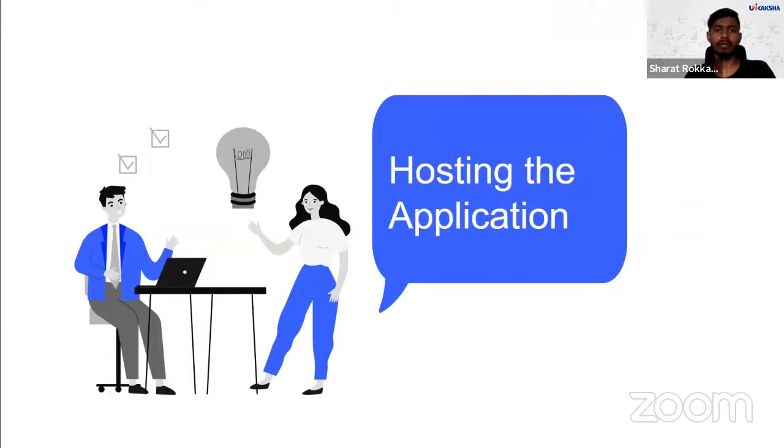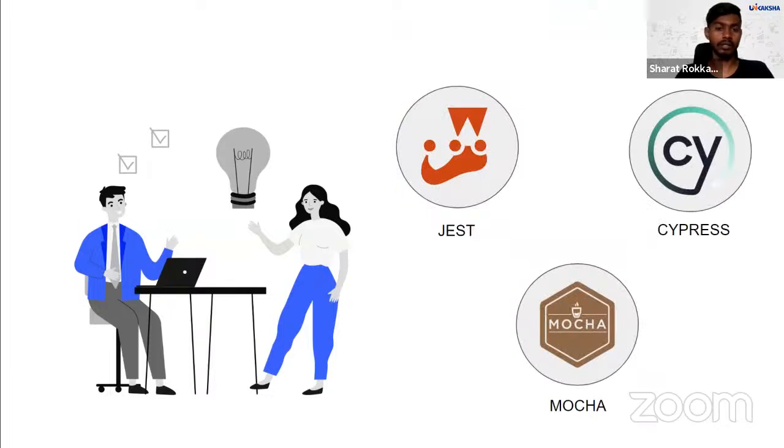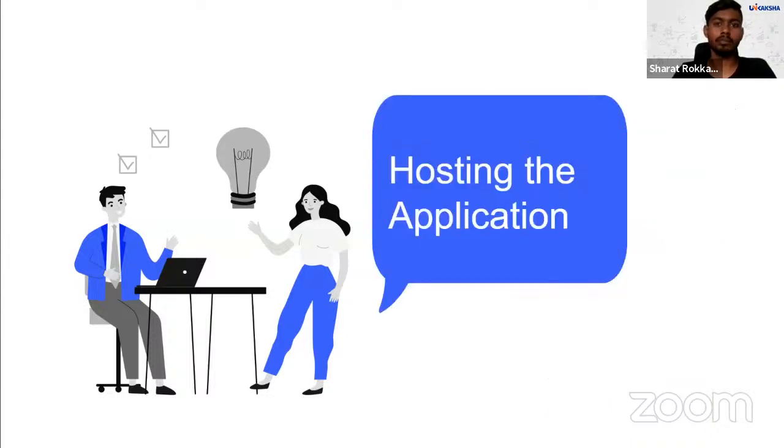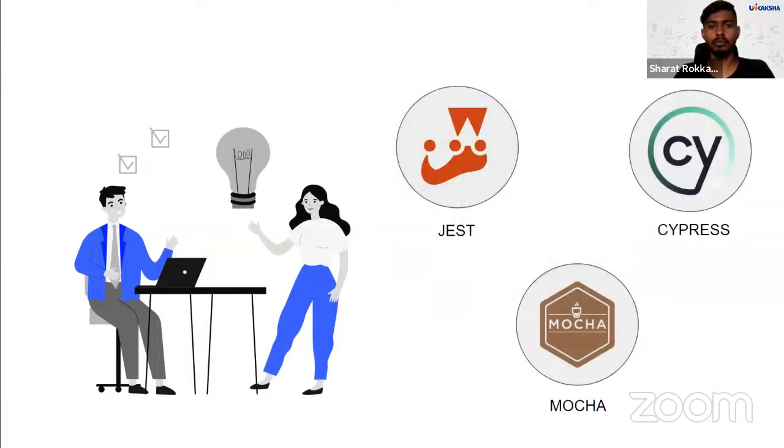Once you are done with testing, the most important thing is you need to show to someone in the world what work you have done. So it is really important for you to host it somewhere. Hosting an application means putting it on some servers, where you are able to see it. You might have seen domain names, right? Google.com, Facebook.com, Instagram.com. These are all web hosting.